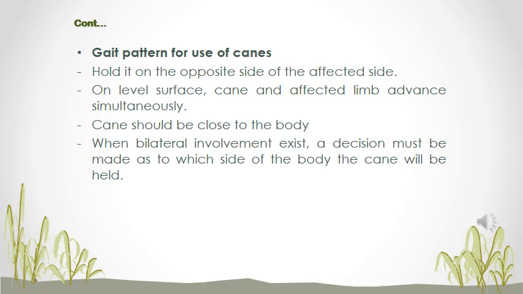If it's the right knee that is very painful and weak, you will then place the cane in the left hand. Then you will give the instruction to move the right leg, affected leg forward, or most affected leg forward, while simultaneously bringing the cane in the left hand forward. So you step forward first with the cane and the affected leg simultaneously. Then the next leg follows.